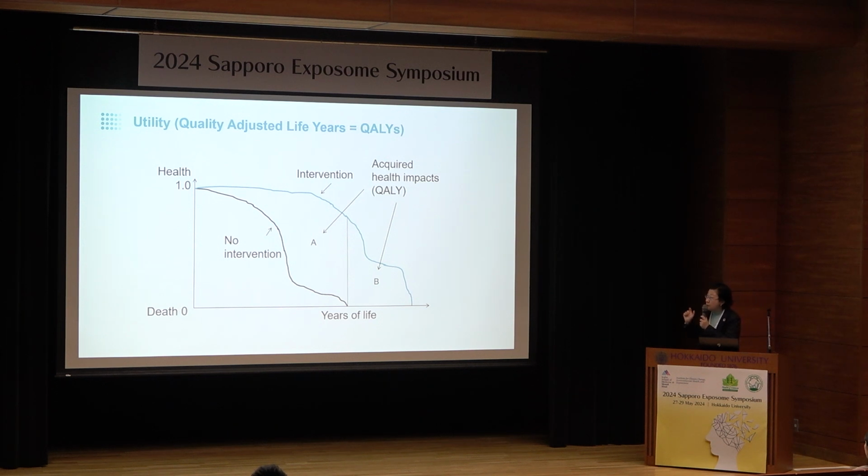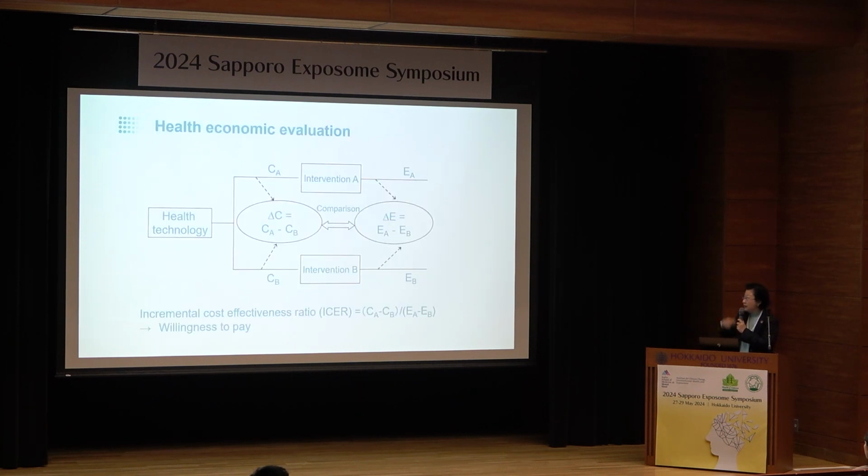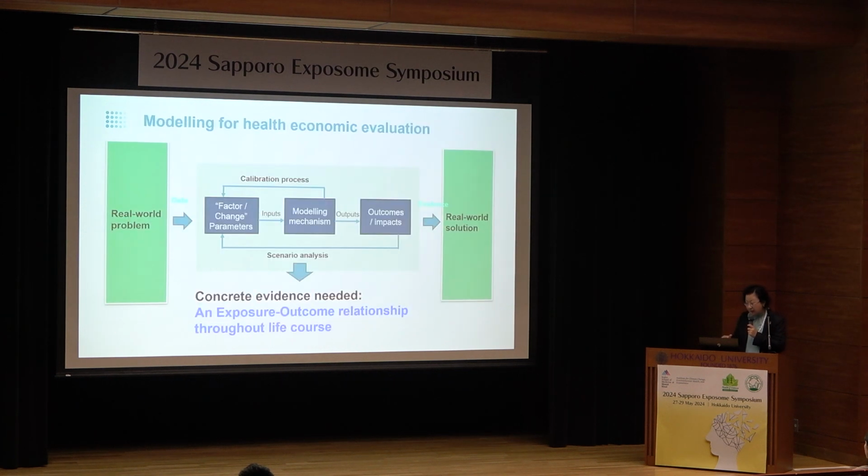And then you can acquire the ICER, the incremental cost effectiveness ratio. This indicator is an important metric for the decision. So this is a comparison of several interventions targeted by policy, and by calculating this incremental effectiveness ratio, you can make the decision.